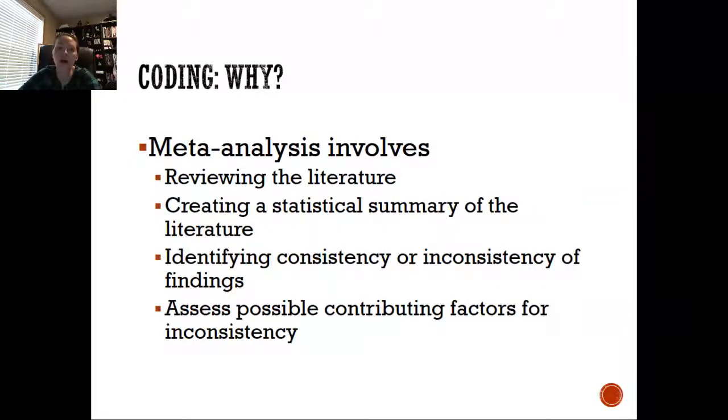The reason why we do coding relates to what we do in a meta-analysis. And I know that you've seen this slide twice already, but it's coming back again because every time we review it, we understand a little bit more about the process, given that you're getting a little more of a piece of meta-analysis revealed to you every week.